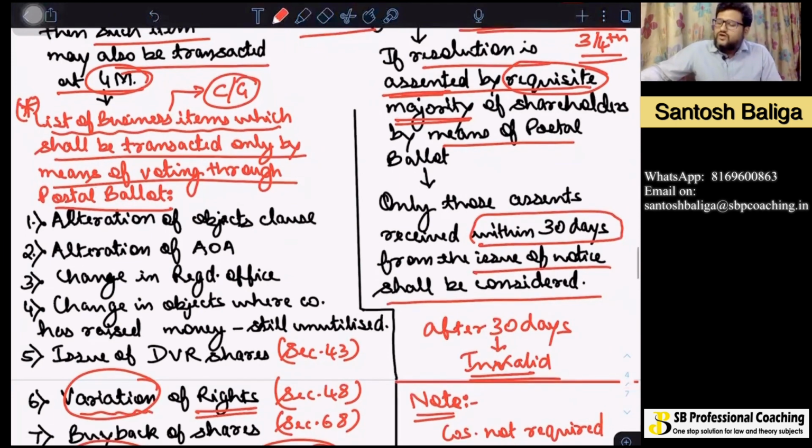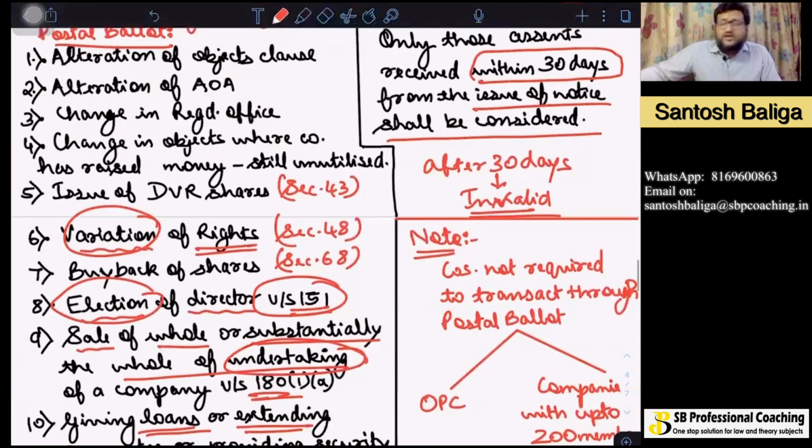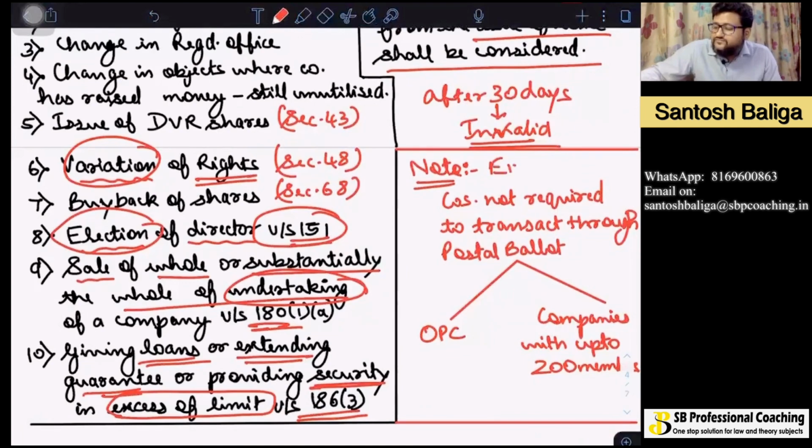Now you have to note one more important point over here. This is like an exception where companies do not require to transact any business, even these 10 business items, through postal ballot.